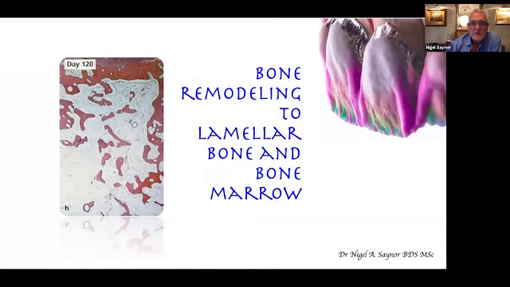Look at day 120, 3 months down the line, you've got a fabulous area. You can even see various blood vessels in there towards the center of the screen. And if you look about 1.5 centimeters to the right of the H, there's a blood vessel there. So you've got angiogenesis going on at its best.